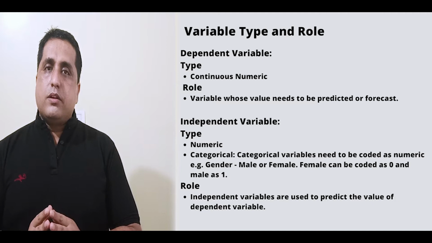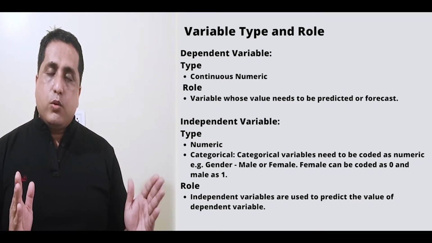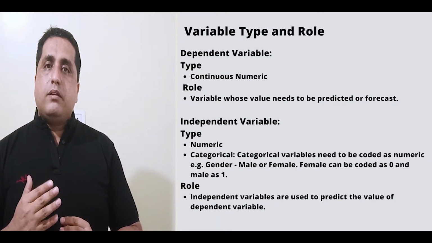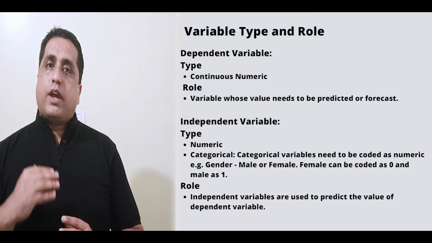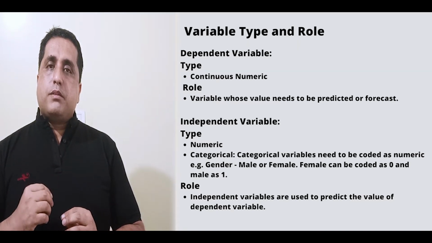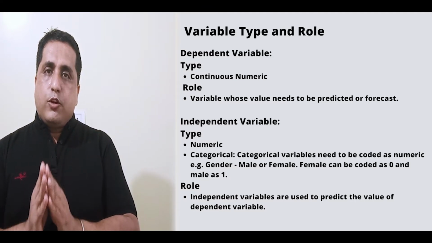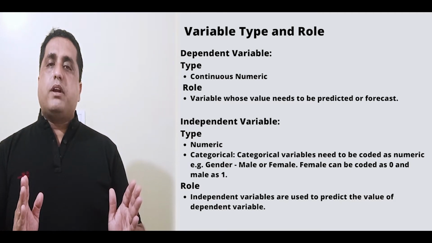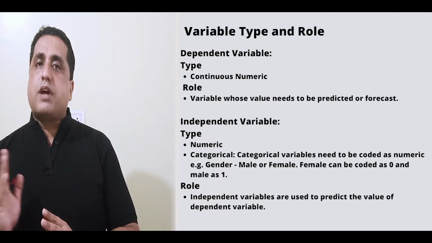Let's say in this case, the charges are the dependent variable, which we are predicting using a set of independent variables, like the distance you would cover, the traffic right now, the kind of cab you book, whether it's economy or you book some sedan. So these types of attributes can be termed as independent variables. Using this set of independent variables, you try to predict the value of the dependent variable, which is the charges, while you book the cab.